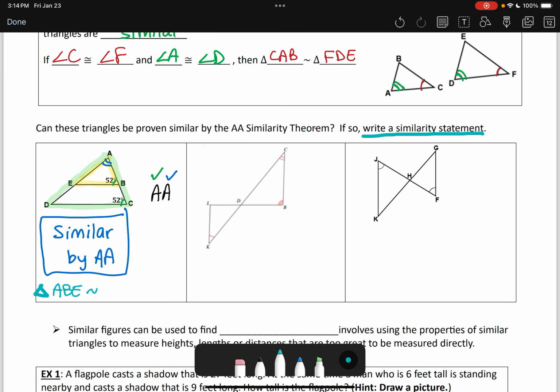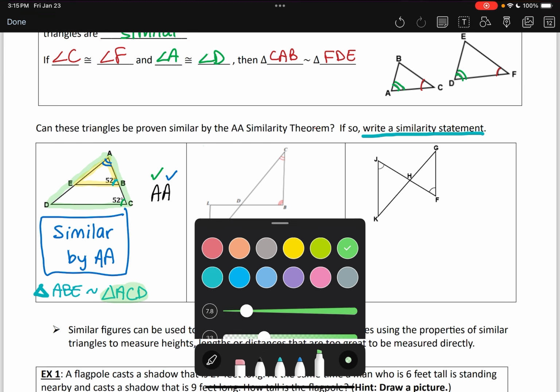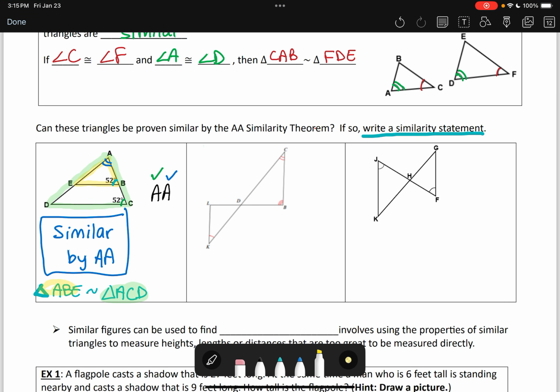So triangle ABE would be similar to, well, triangle ABE, we started with the angle A, which is present in both, so A, and then B here would correspond to C, so CD. So this is the green triangle, and the first one was the yellow one. So we're writing a similarity statement whenever the triangles are similar. If the triangles are not similar, then you cannot write a similarity statement.